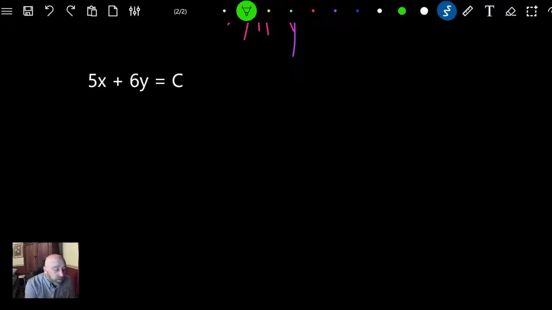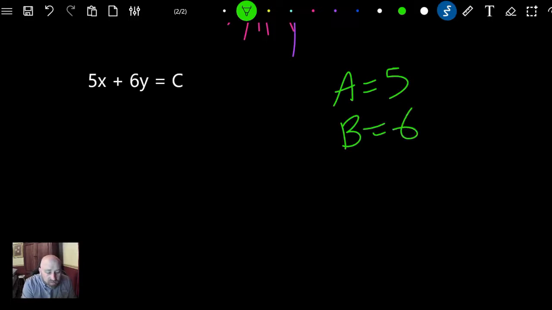We have two different variables on this one, but we have an unknown constant. So what is this one? This is going to be a family of lines that have the same slope. Because what do we know? We know a equals 5, and we know b equals 6.